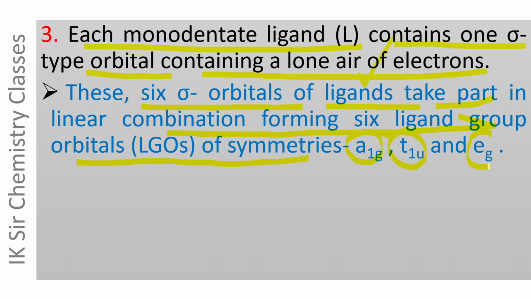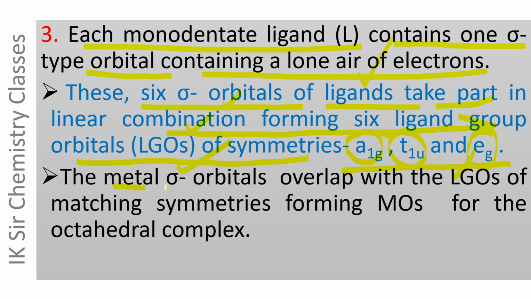Please note that these are the symmetries of atomic orbitals of the central metal ion whose lobes lie on the axis, which are suitable for sigma bonding with ligands, and accordingly 6 sigma orbitals of ligands take part in linear combination forming 6 ligand group orbitals with matching symmetries, that is A1g, T1u, and Eg.